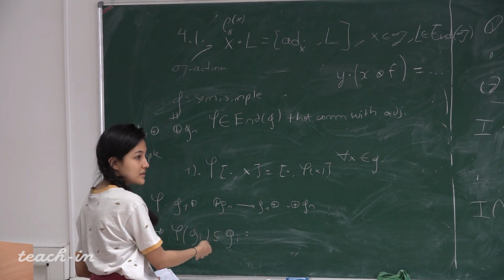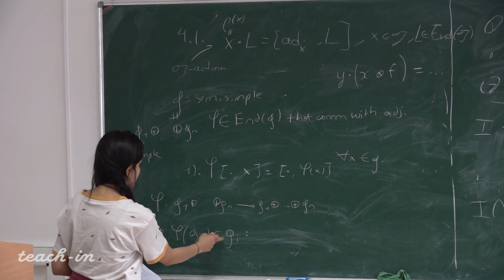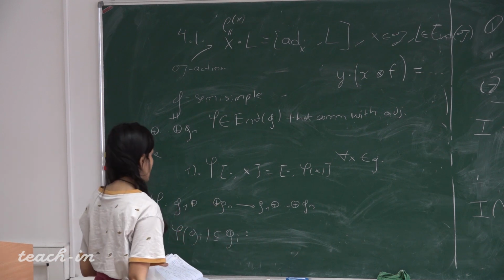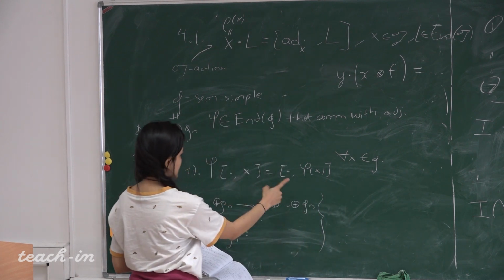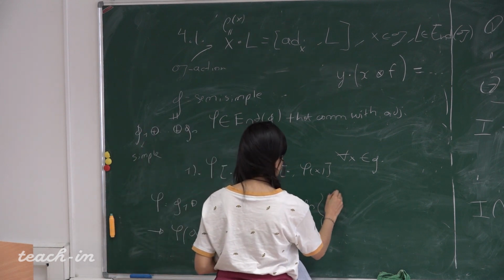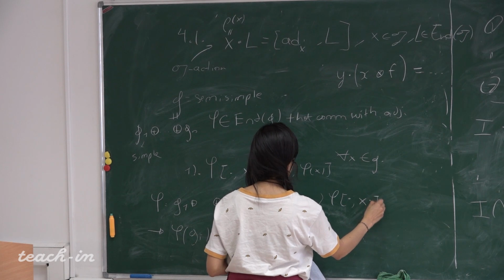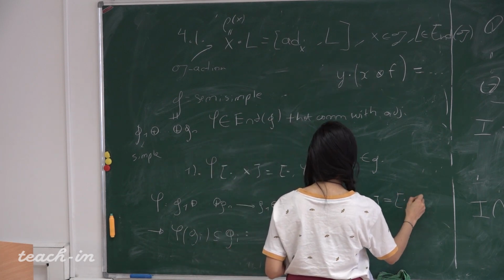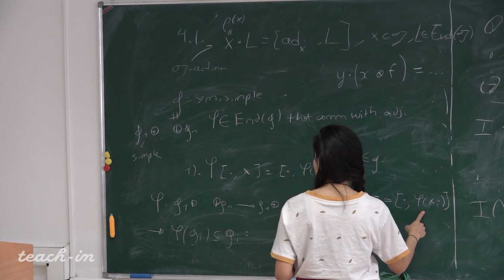Suppose this is not the case. Suppose that there is some x here such that it is not contained in Gi. So it's in some other component, probably. Then we apply this formula. Take this x, let's call it xi.